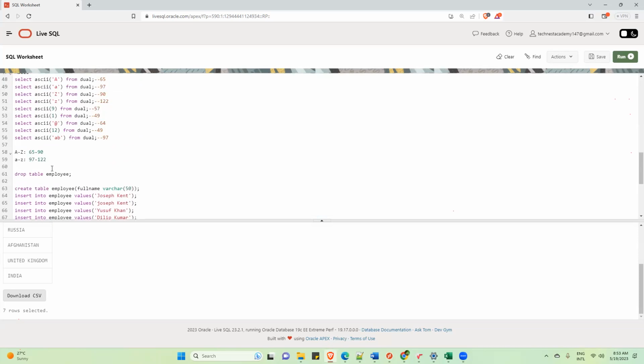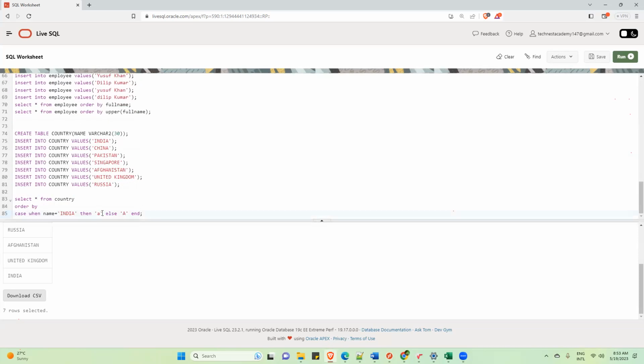So what is the ASCII value of lowercase a? 97. Internally, your engine will convert it to 97, and uppercase A is 65. It will write 65 here. Is this clear now?